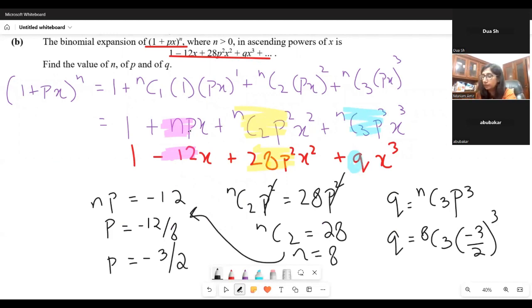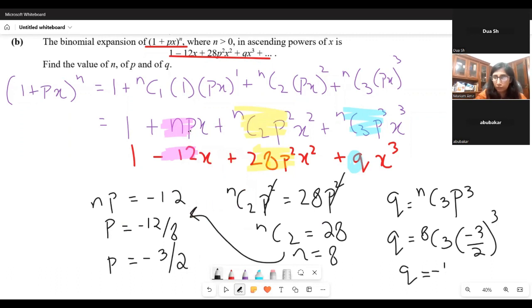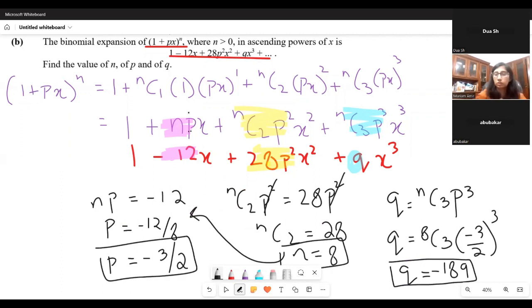So 8c3 is 56. Let me see. I'm getting minus 189. So these are the answers for part B of this question.